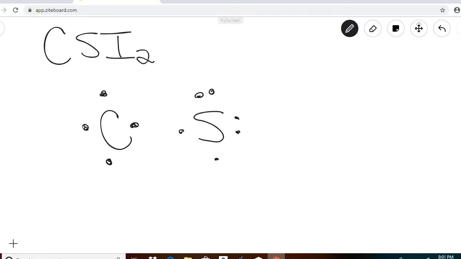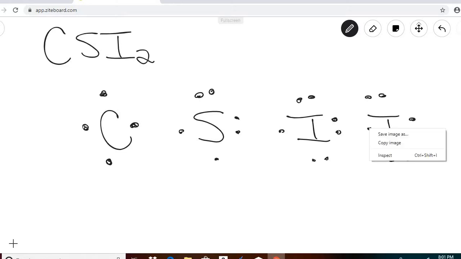And then we have 2 iodines, and each of those is going to have 7 valence electrons, because on the periodic chart they're in group 7. Okay, so there's the Lewis structures for each of them.